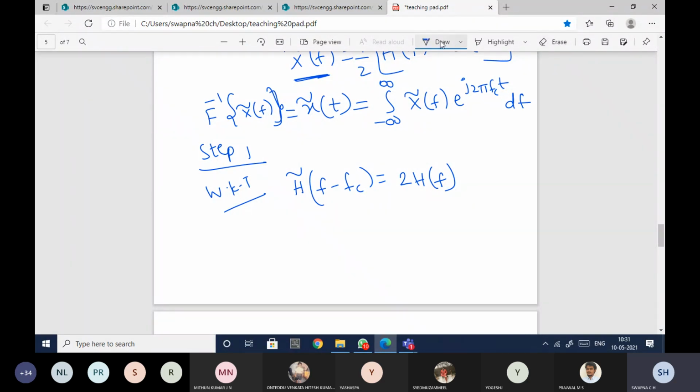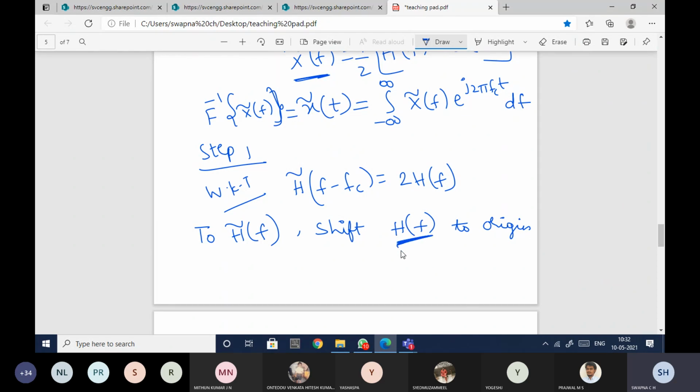To get h tilde of f, we need to shift h of f to the origin, because generally the system function will be known.